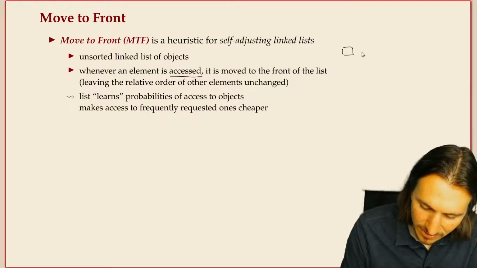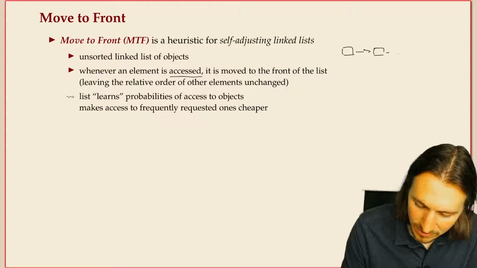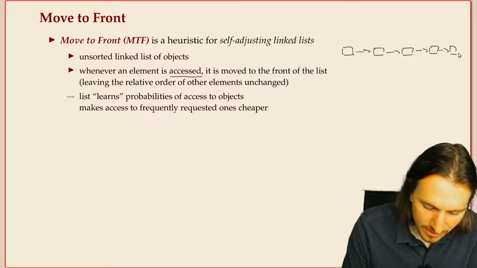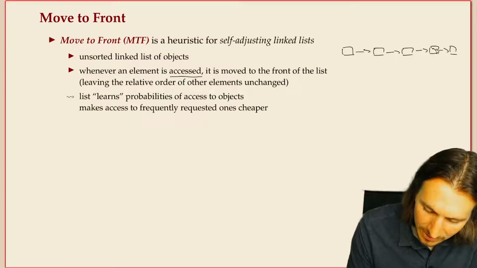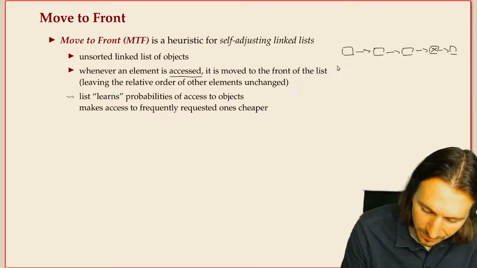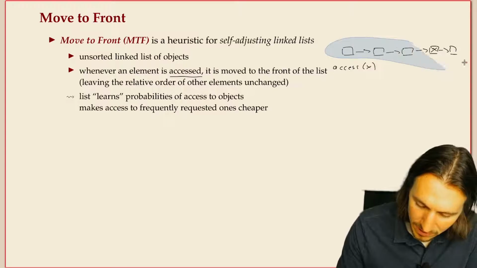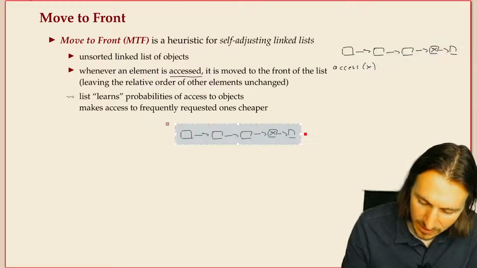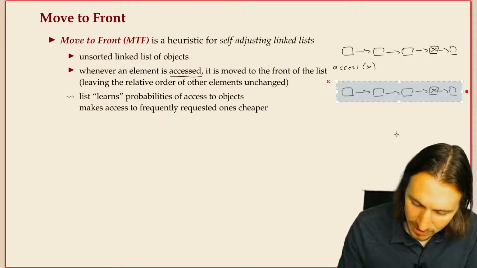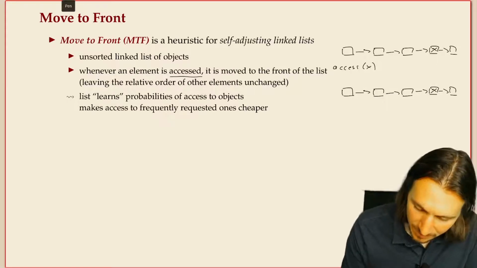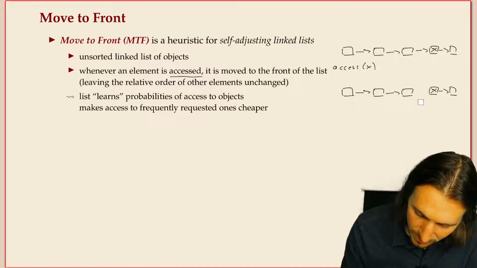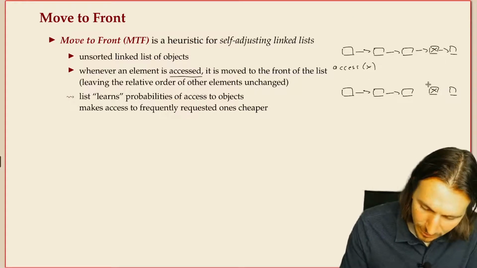So a linked list, right, is just like this. And let's suppose here is your element x, and you access x now. So what you would do is take the entire list and leave everything unchanged except that you now take x out and move that to the front of the list.